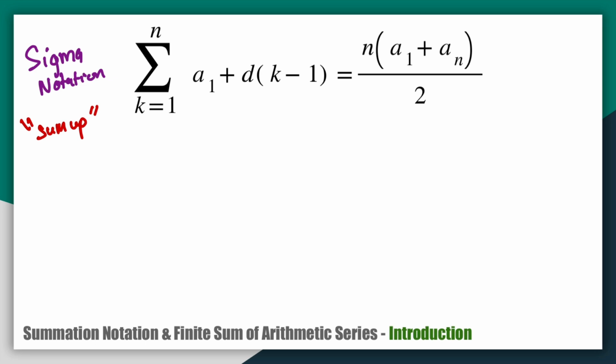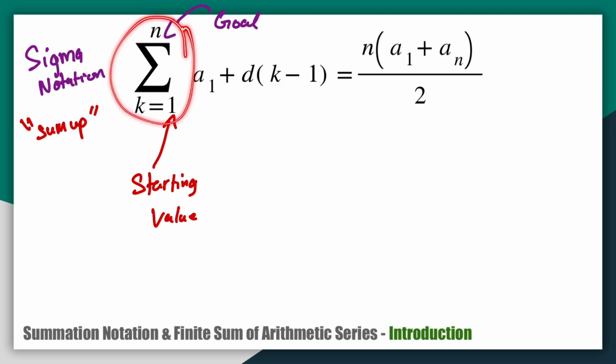Now, what are we summing, okay? Well, for starters, we have a goal and we have a starting place. So our k value here of 1, okay? This is our starting value. And the n on top is our goal, okay? So this whole symbol here is saying, I want you to sum all the terms from 1 to that term, okay?